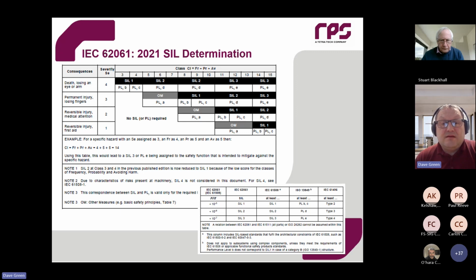Within the standard, it gives us that 10 to the minus 5 per hour PFH is a SIL 1 in 62061, at least a SIL 1 in 61508, and then performance level B or C in 13849, and then this other standard, which I'm not quite sure what it is, 61496, type 2. So you can see now from this table what your actual numerical target will be for doing our SIL determination and working that into later design.